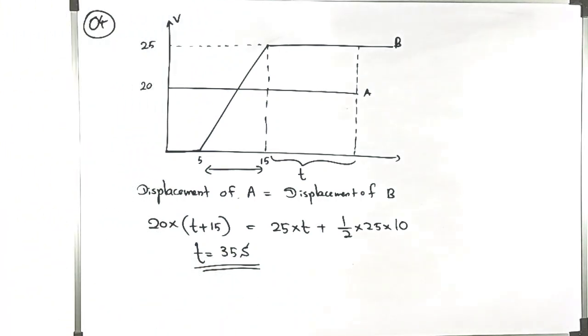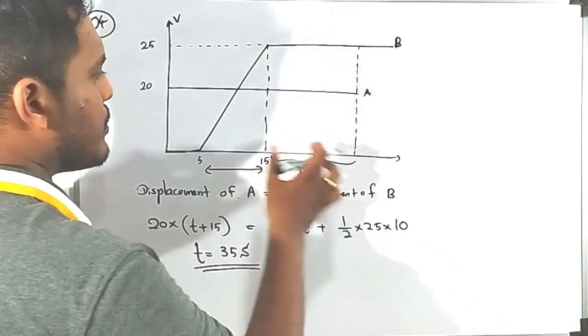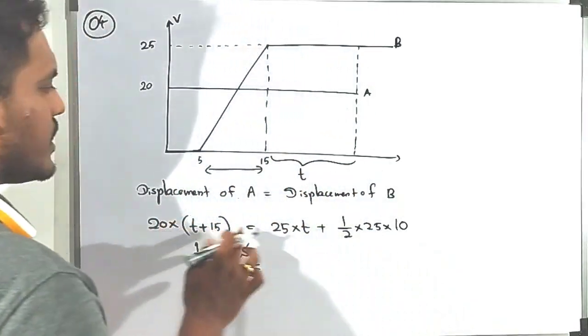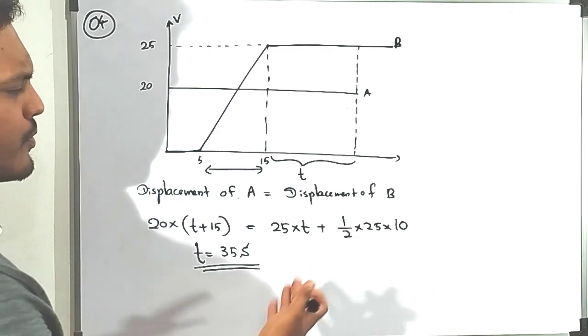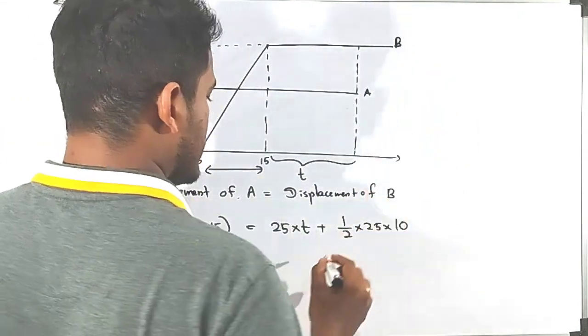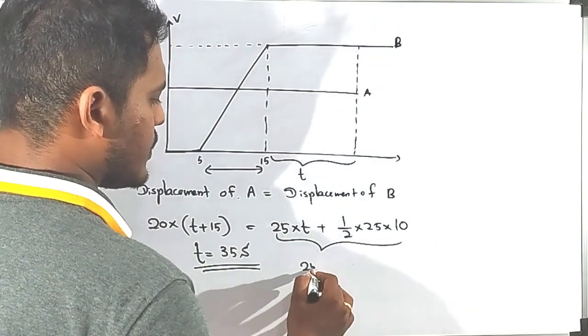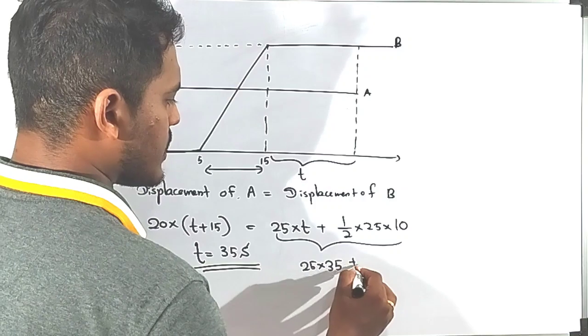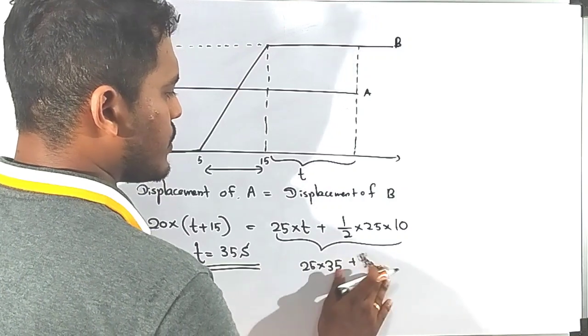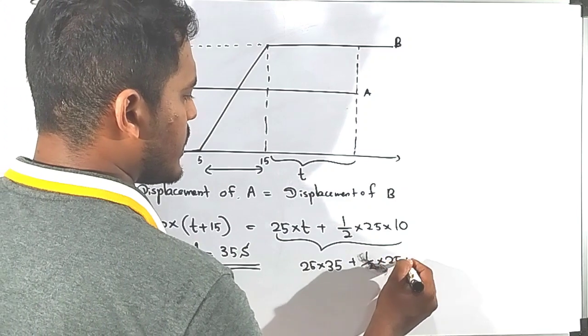Then we calculate the distance from the initial position of B to the meeting point, which equals the displacement of B. This will be 25 into 35 plus half into 25 into 10.